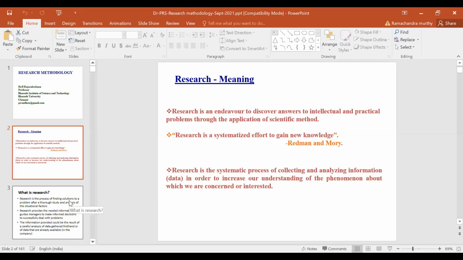So research is the systematic process of collecting and analyzing information in order to increase our understanding of the phenomena. You should have some systematic manner of process. Just like that, randomly we should not approach anyone.